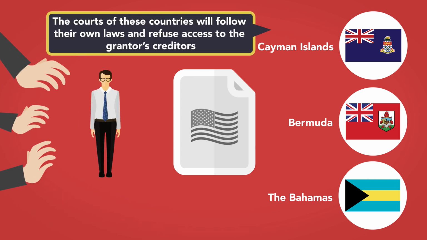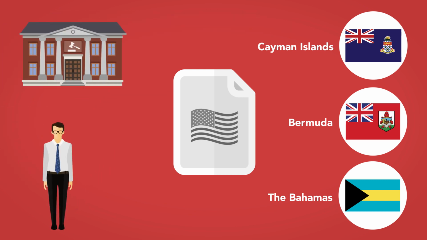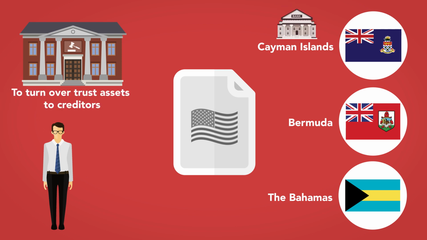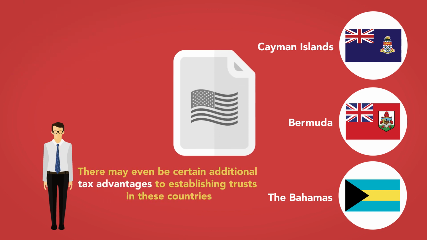The courts of these countries will naturally follow their own laws and refuse access to the grantor's creditors. American courts, even if they're so inclined, will find difficulty in forcing the Caymanian Bank, for example, to turn over trust assets to creditors. There may even be certain additional tax advantages to establishing trusts in these countries. Therefore, this is certainly one viable solution for American grantors to use.